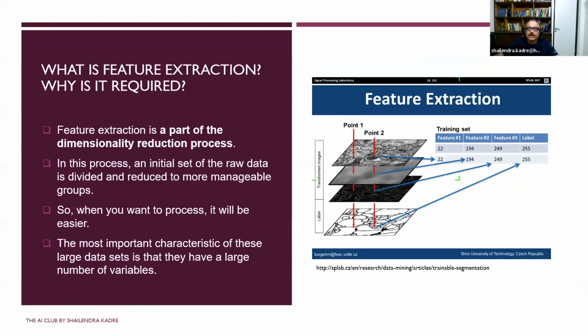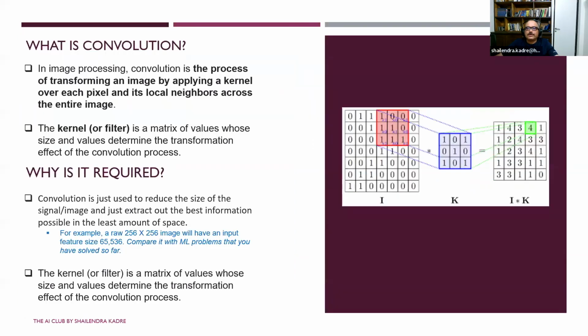Then this is one example I tried to show of how from an actual image we extract features. Then convolution. Convolution is nothing but: an image is there, with values between say 0 and 1 or 0 to 255, and then we have a smaller filter. We convolve the filter all around the image, and with every convolution we get a reduced image.